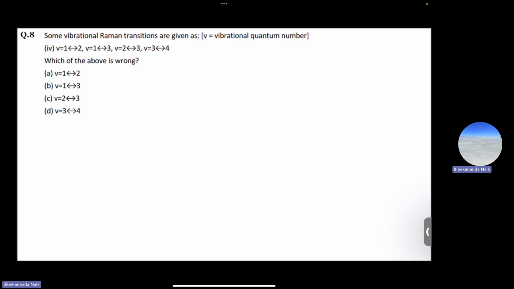So if we see the question, V1 to 2, 1 to 3, 2 to 3, 3 to 4.